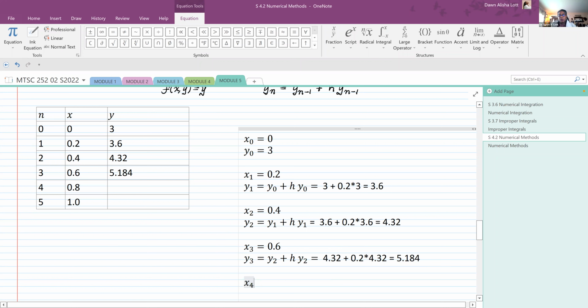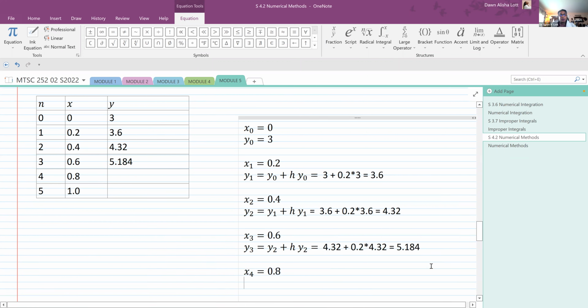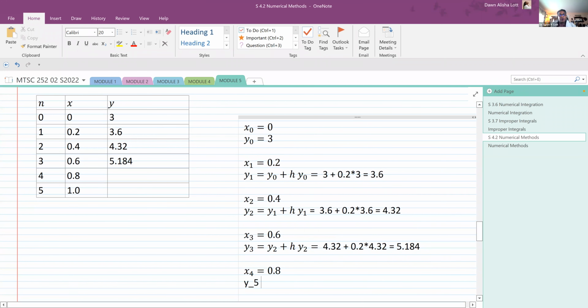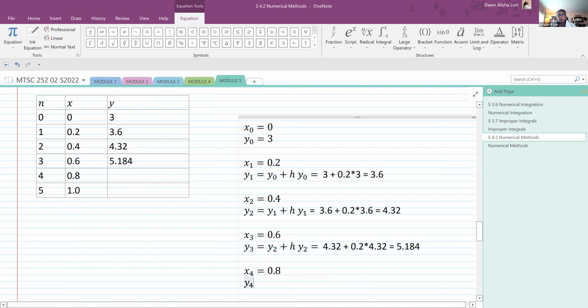Okay. x4 is equal to 0.8. So y4 is y3 plus h times y3.